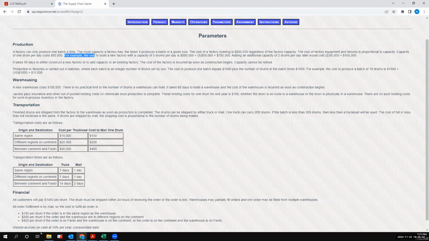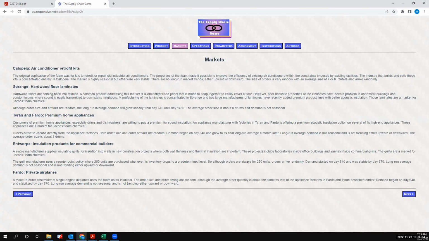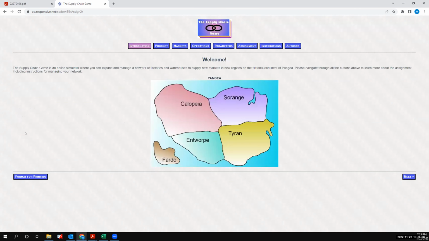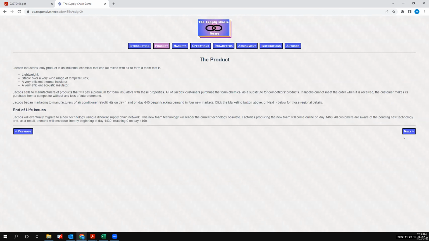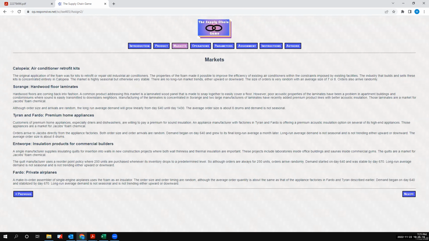However, if you send it to a different region, but on the continent, that's excluding Fardo. So let's basically quickly look at the map. Remember this Fardo, remember it's an island. So it's disconnected from the mainland. So that's what is meant there.